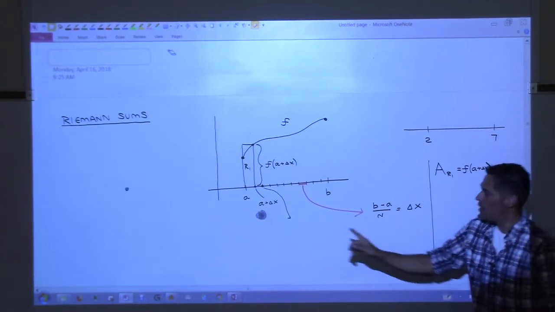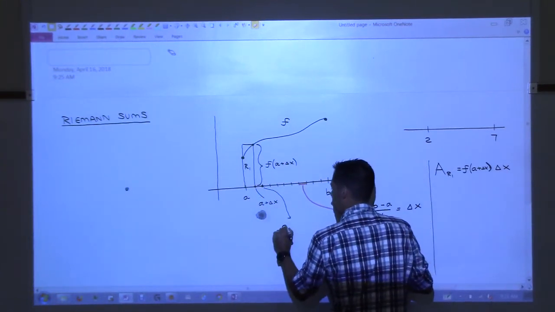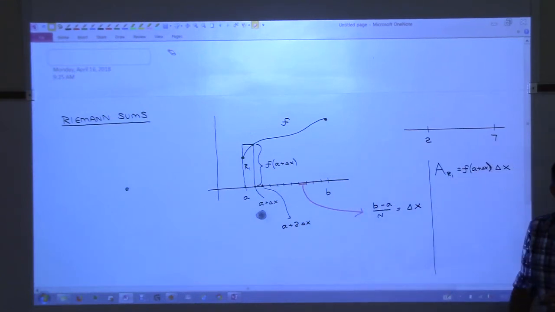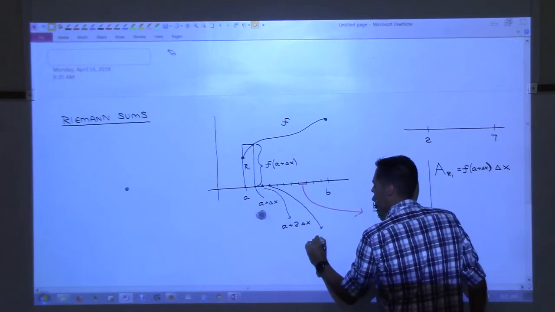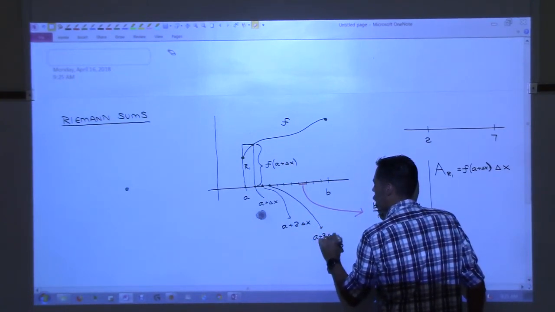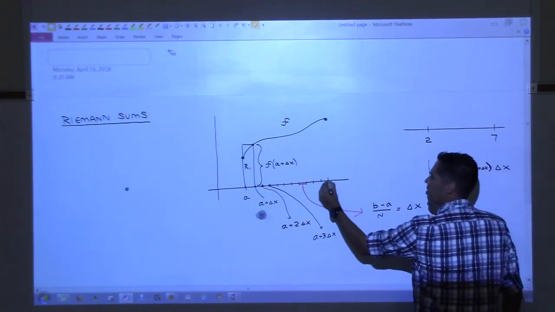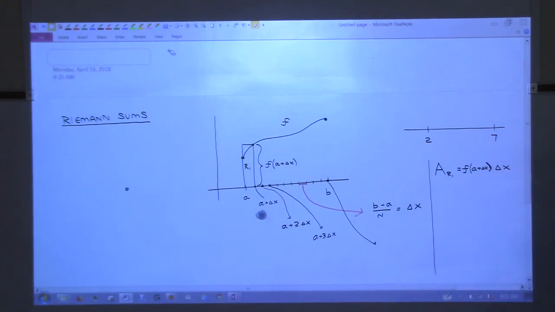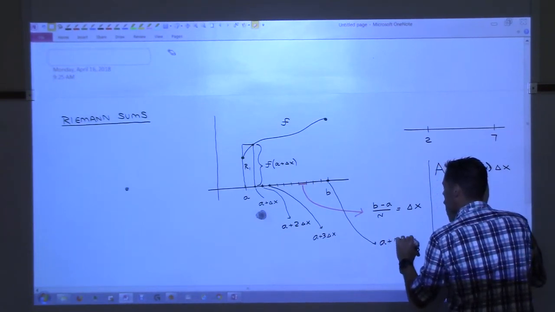I start out at a and then move over 2 jumps, so this is the point a plus 2 delta x. What would the next one be? This would be a plus 3 delta x. And just out of curiosity, what would this last one be? Well, we know it's b, but it should be a plus n delta x's.